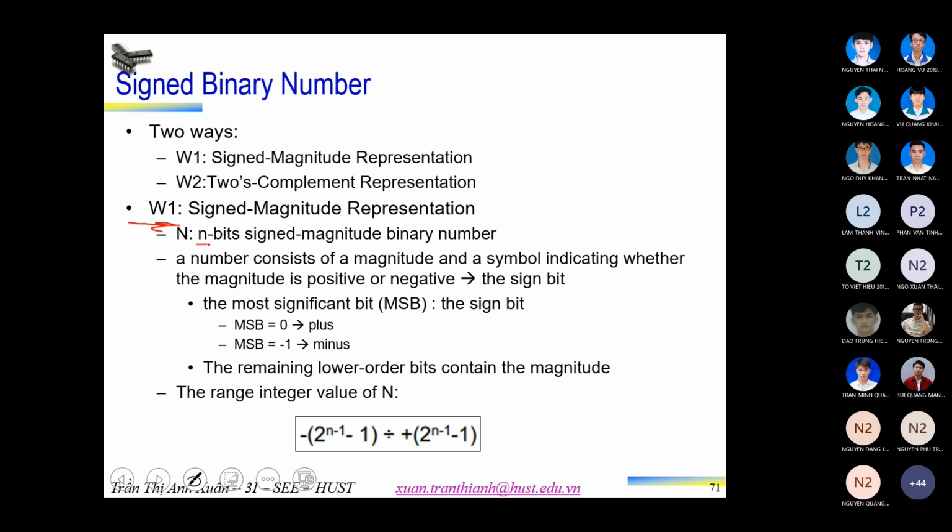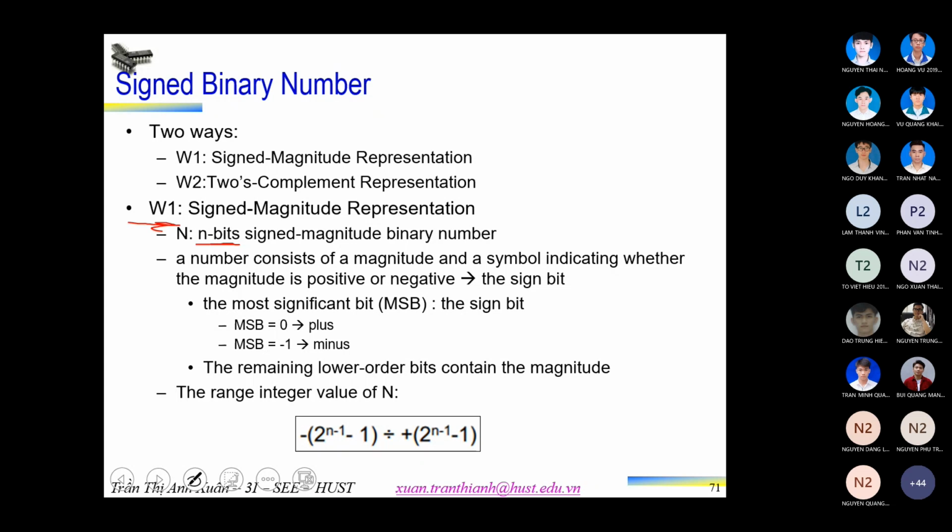That means the number consists of a magnitude and a symbol indicating whether the value is positive or negative. We call it the sign bit, and they use the MSB as the sign bit.